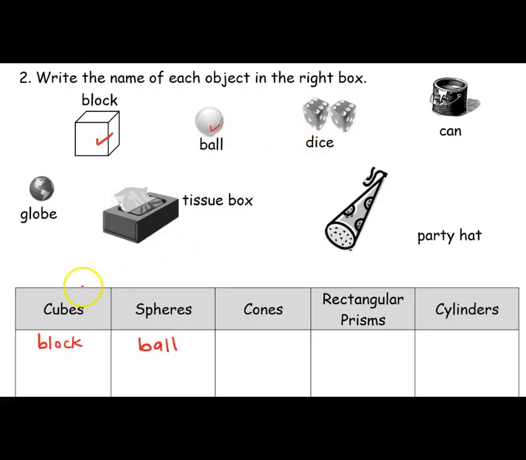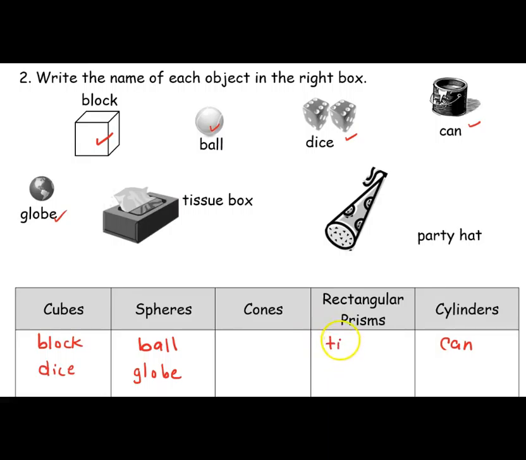The dice would fit in with the cubes as well because they all have the same size faces. The can would be considered a cylinder because of the circular top and bottom. The globe would fit in with the sphere because it is shaped like a ball as well. The tissue box would be a rectangular prism because its sides are not all the same size like the cubes would be.